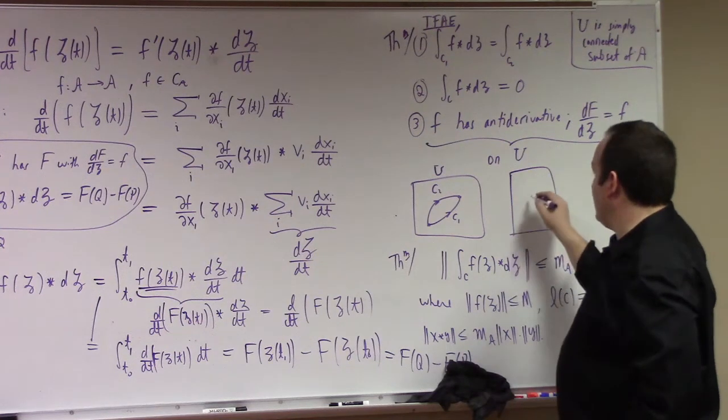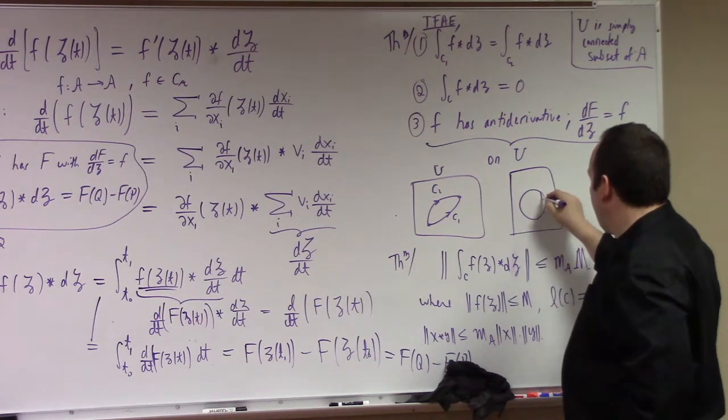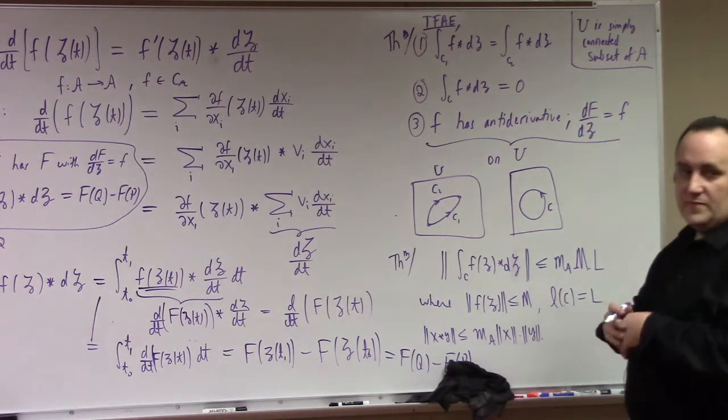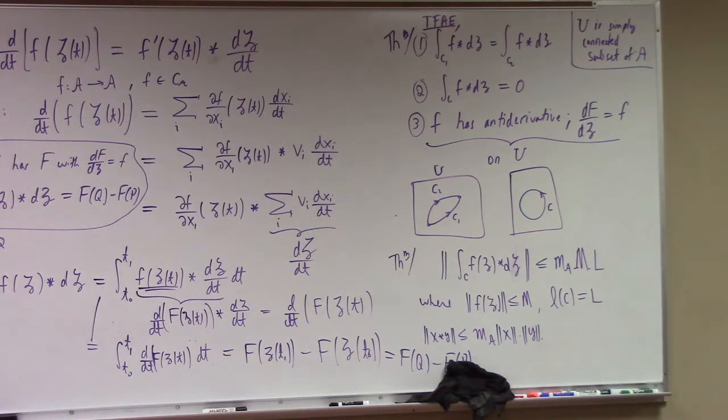For 2, of course, C is a loop. So for all loops in U, we integrate to 0. And 3 is what it sounds like.